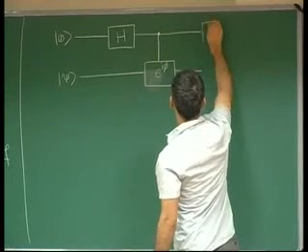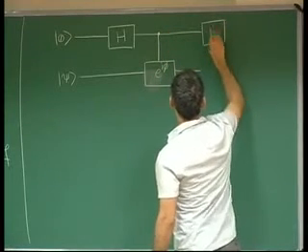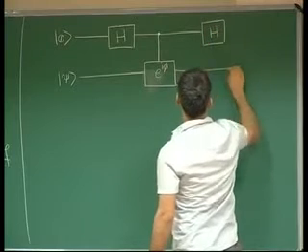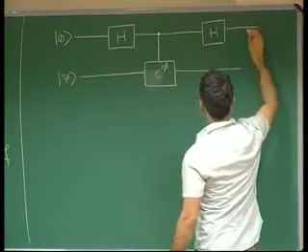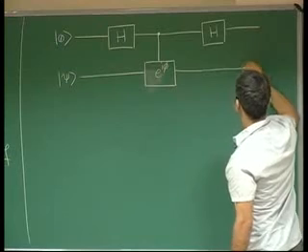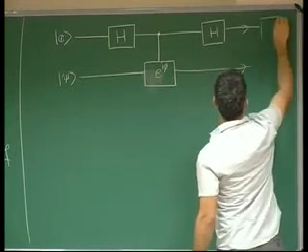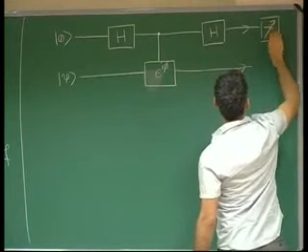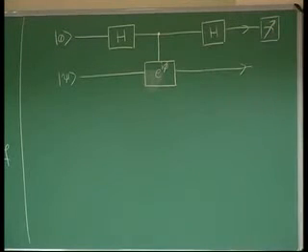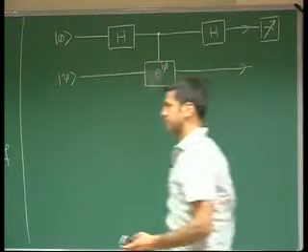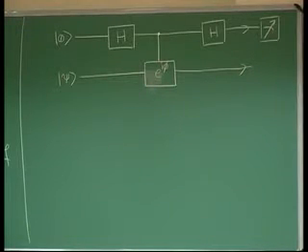Finally, you recombine the two beams using the same operation, and you make a measurement. So this part is measured, and this part is simply left unchanged, unobserved.